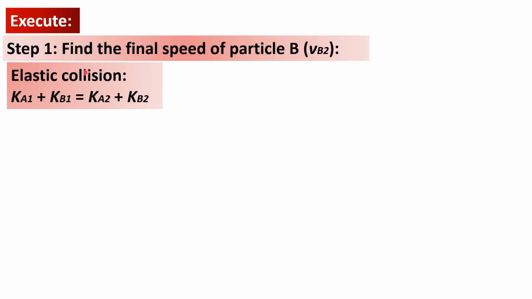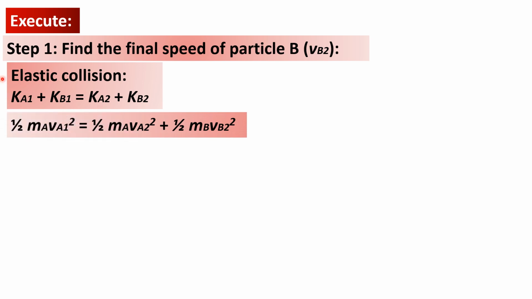This equation can be further expressed in terms of the formula for kinetic energy. The term on the left represents the kinetic energy of particle A before the collision. It was mentioned that the kinetic energy of particle B before it collided with particle A is equal to zero, so it's no longer written in this equation.